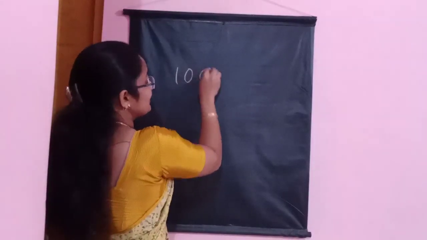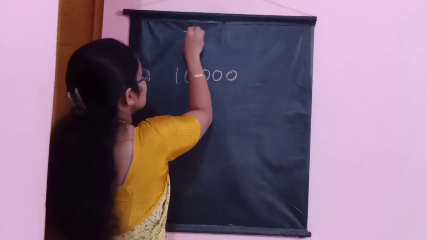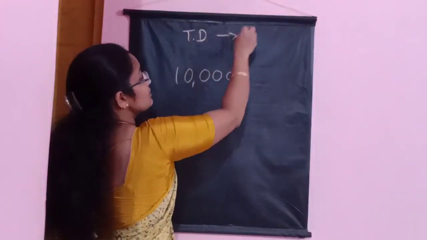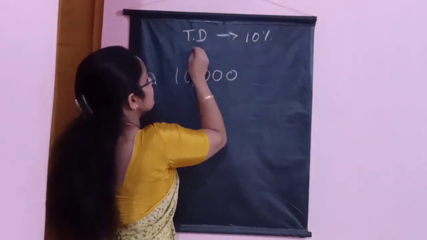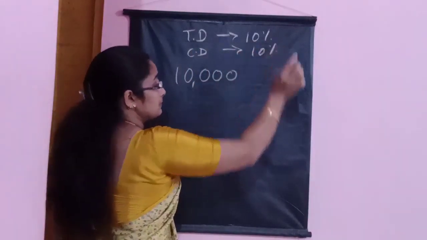Let's see. First of all, the goods purchased by him are of 10,000 rupees, and the trade discount is 10%. Cash discount is also 10%.